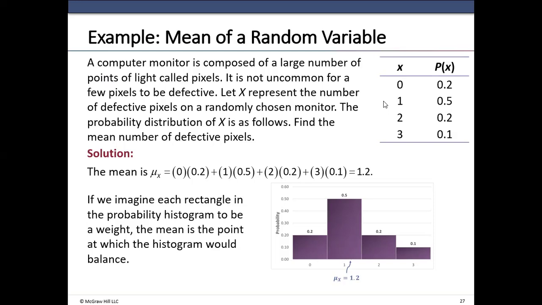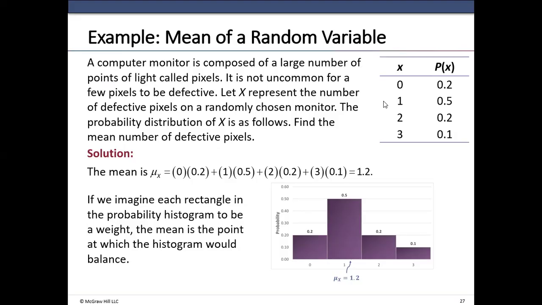After you enter the last value of X in L1 and hit enter, use the right cursor key to move to the first line in L2. Then you type the corresponding probabilities in L2: 0.2, 0.5, 0.2, and 0.1.